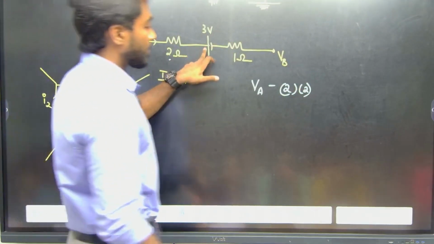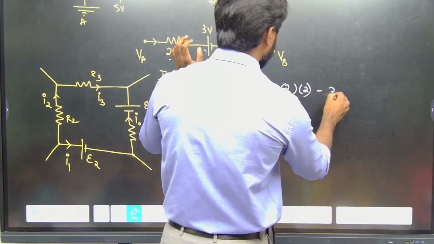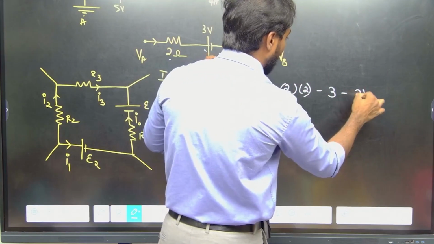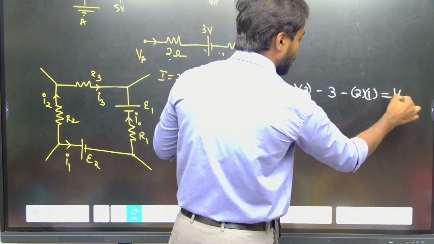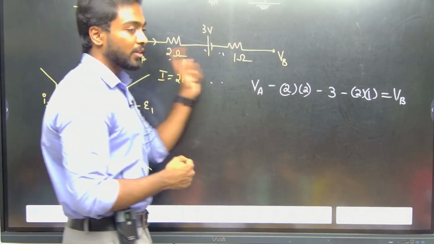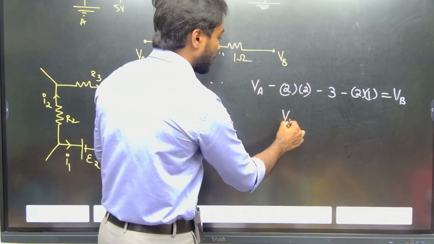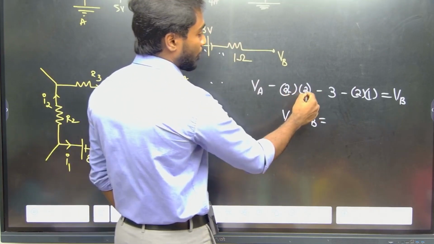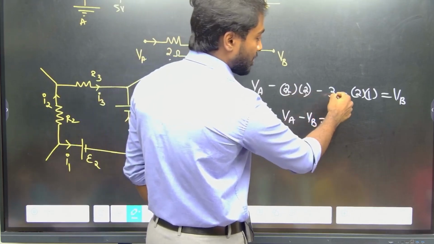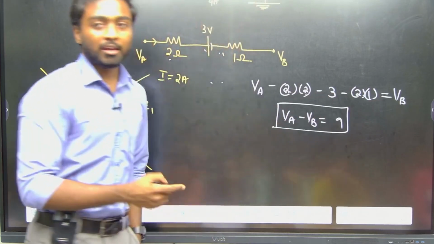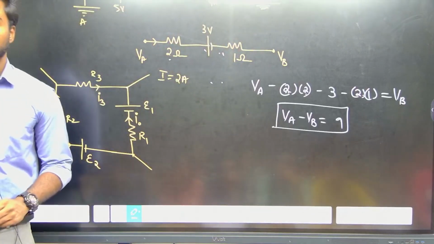Again plus to minus I am going. So minus 3. Again in the direction of the current, which means again minus 2 times 1 should be equal to VB. The question is what is the potential difference across the given circuit, which means VA minus VB. So 2 2 are 4, 4 plus 3 is 7, 7 plus 2 is 9. That's the answer. Either way if you do, you will get the answer.